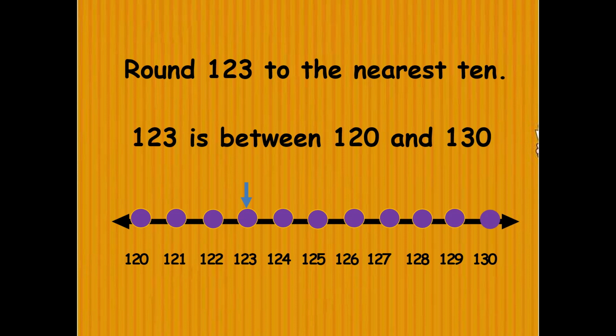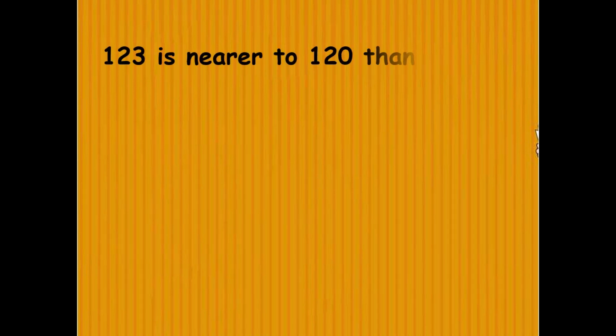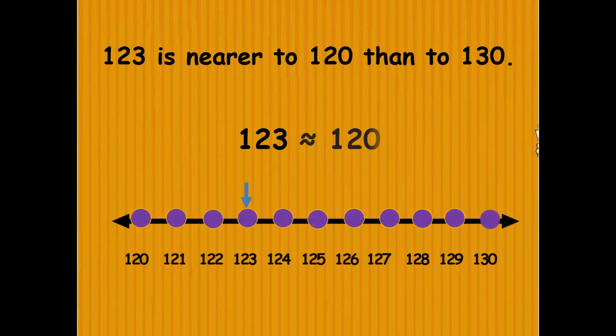It's round down because digit 3 in the ones place belongs to round down digits. So, what will be the answer? 123 is nearer to 120 than to 130. So, the answer will be 123 is approximately equal to 120.